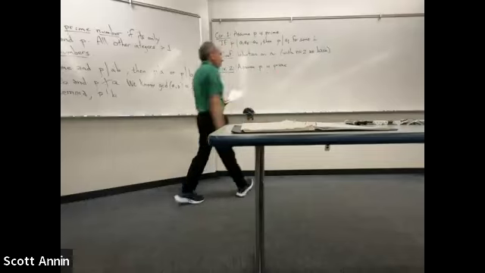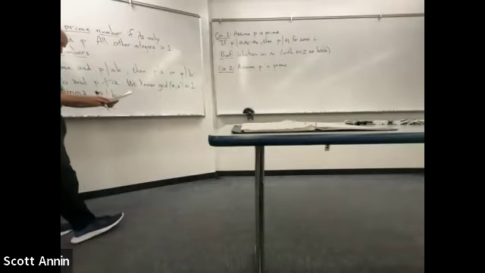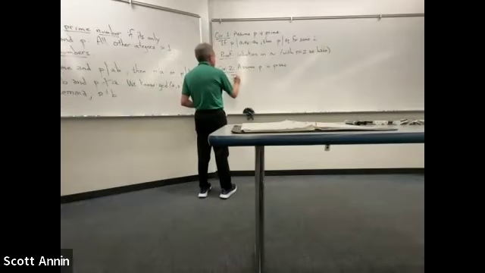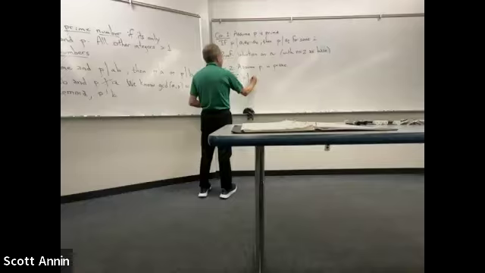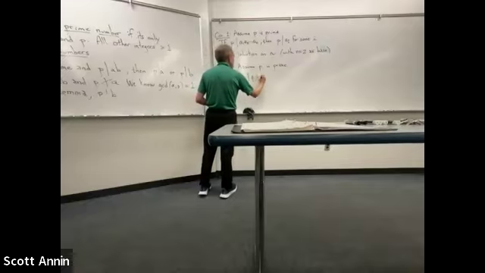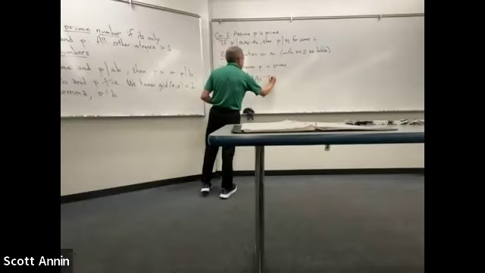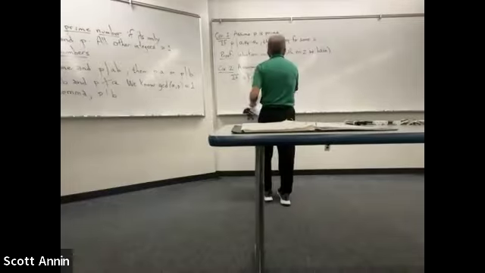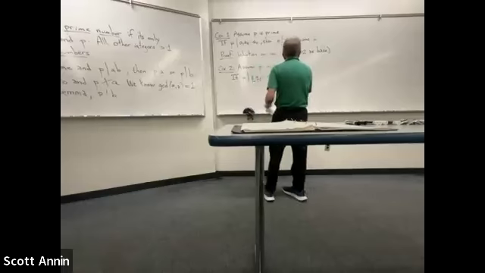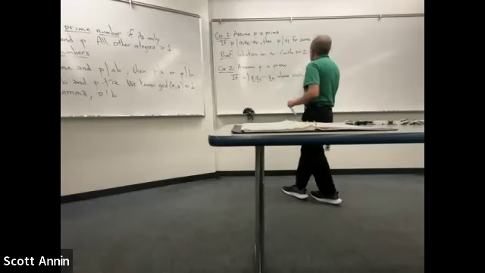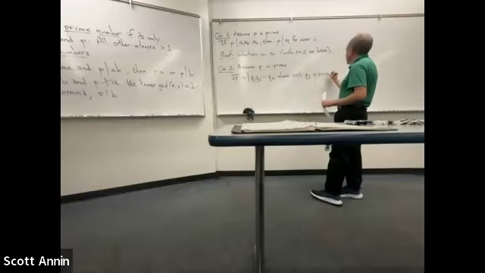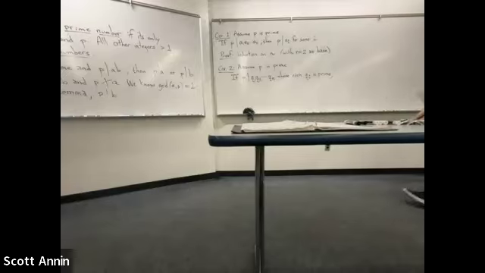So corollary 2 starts off exactly the same way. In this case, if P divides Q1 times Q2 times ... up to Qn, where each Q sub i is prime. Okay, so that's a little twist there.